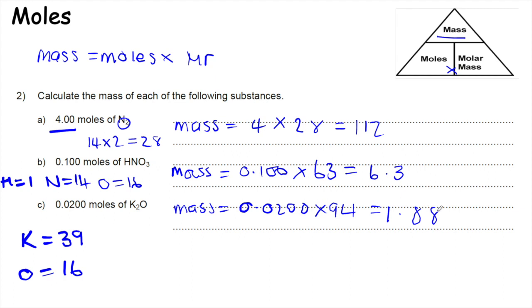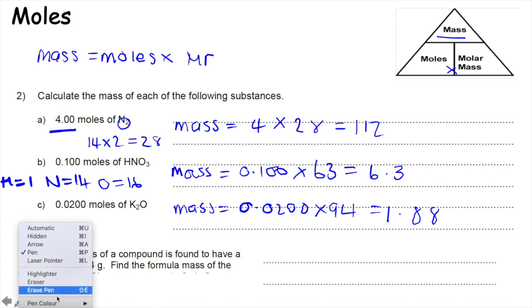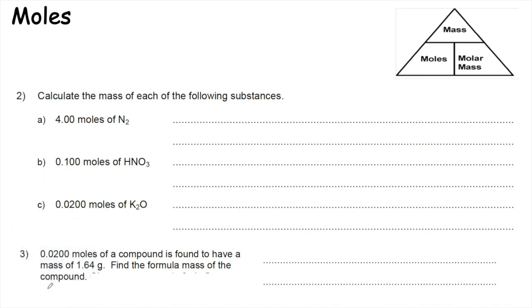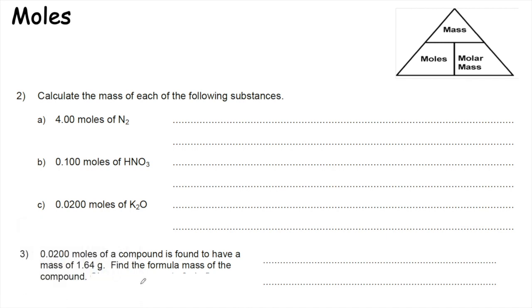Now there is one more thing it could ask us. It could ask us to work out the molar mass of something. So I'm just quickly going to erase all the pen on here and we're going to have a go at doing this last one. So here we've been given the moles of a compound is found to have a mass of 1.64 grams. Find the formula mass of the compound. So again, what do we need?